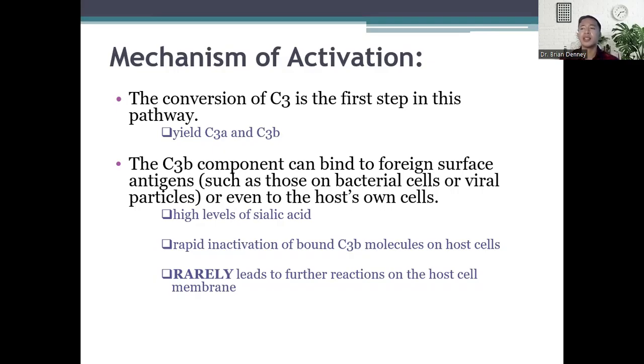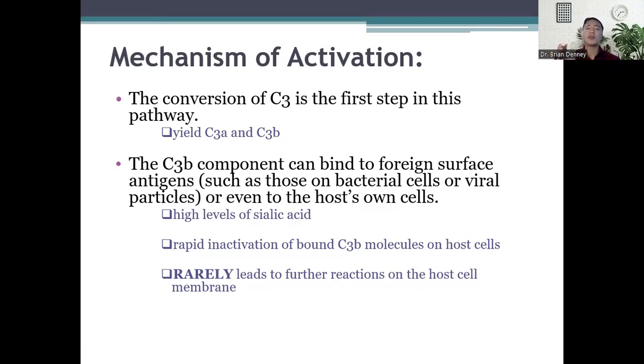Now, the question is, Doc, how come our own cells do not get affected with the activation of the alternative pathway? It's because of these reasons. Our own cells, our host cells, are actually rich in sialic acid. This sialic acid will actually hinder the activity of your C3b, causing it to become inactivated.